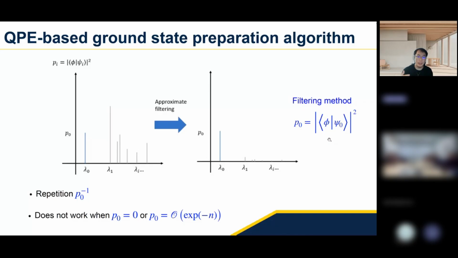And in a lot of cases, this initial overlap can be 0 or even exponentially small. Then the success probability will be very low, and the number of repetitions will be exponentially large. So this algorithm is not that efficient if my initial overlap is very small.